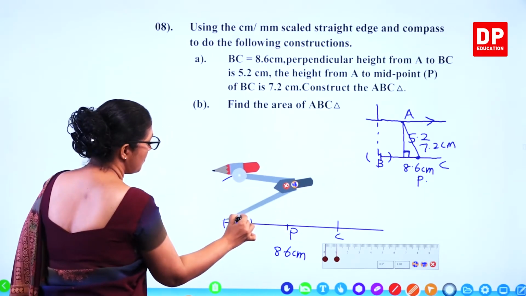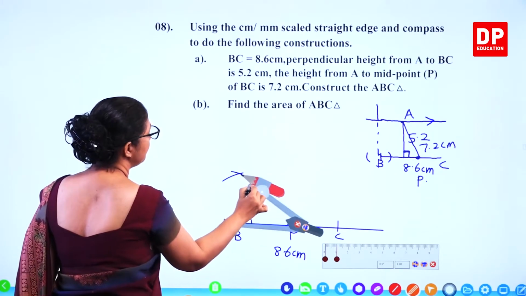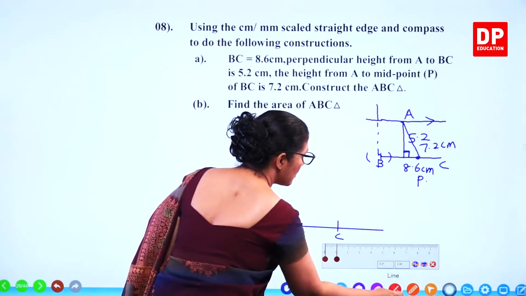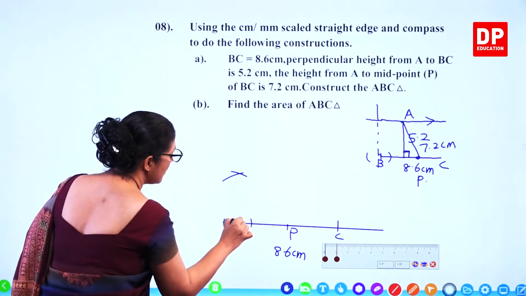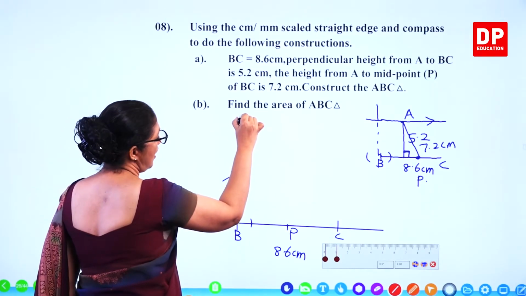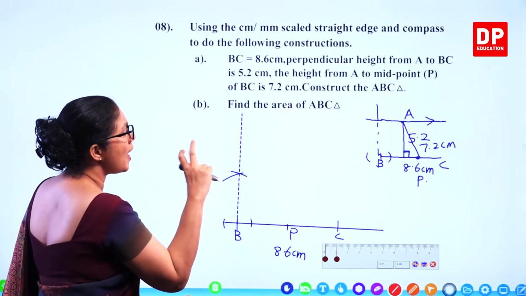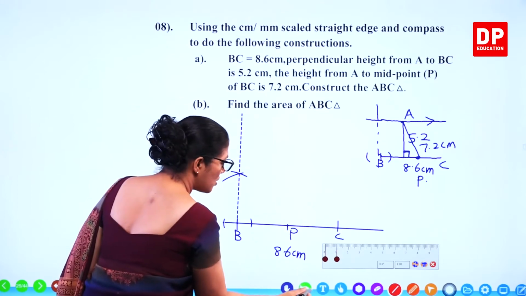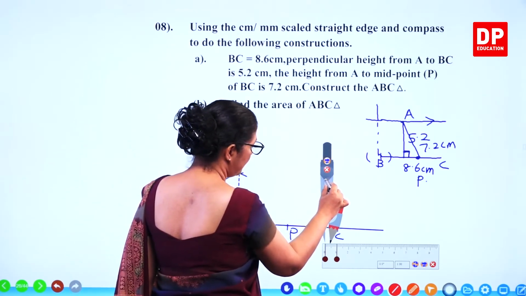You can mark an arc here, and we can draw the perpendicular line here, and now we can measure 5.2 as the perpendicular height. So 5.2 distance from B.